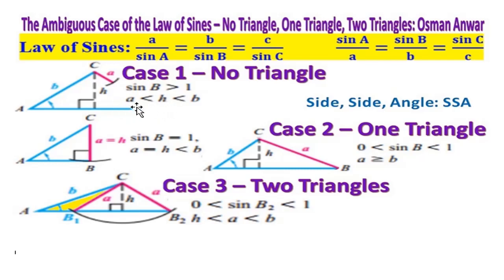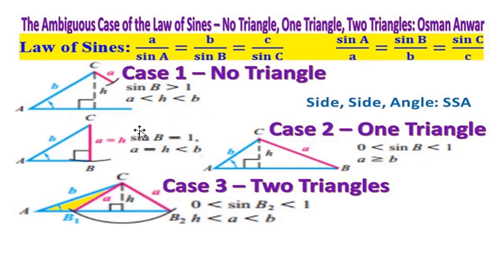That happens when side A is smaller than H. If A is less than H, this side will be too short to touch the base, because the shortest distance between the vertex and the base is the perpendicular side.